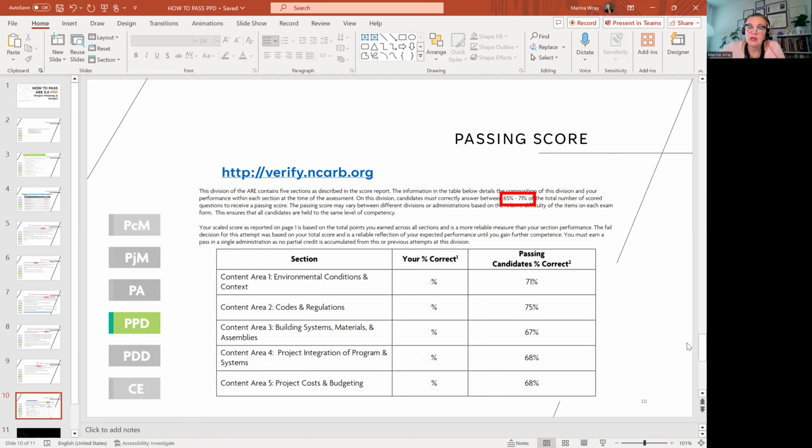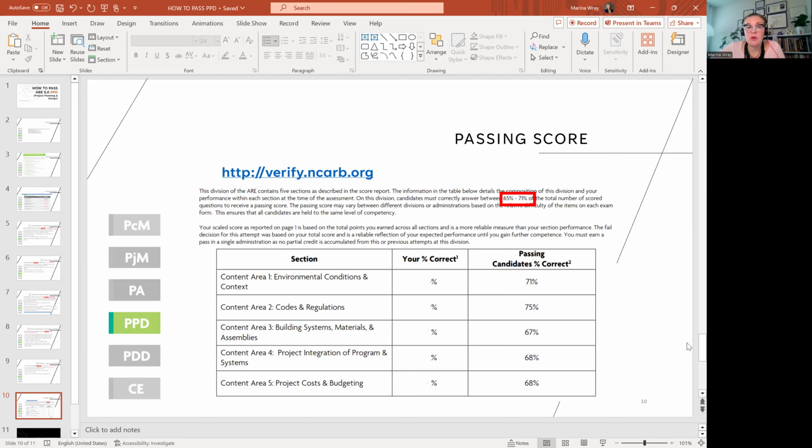At the very end, I always like to talk a little bit about the passing score. This is the higher passing score, between 65 and 71%. This is quite high, although it's still not 100%.